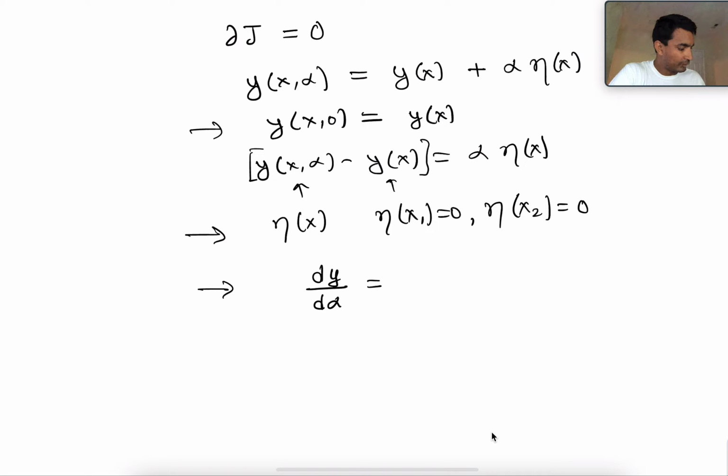Alpha appears only in one place, so dy by d alpha is simply eta of x.